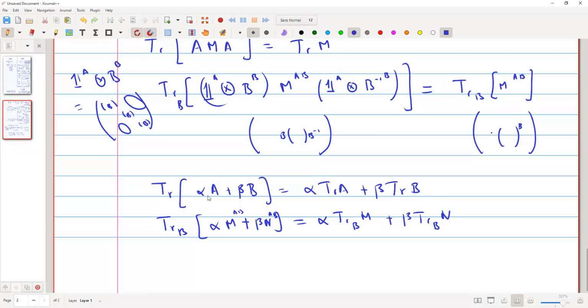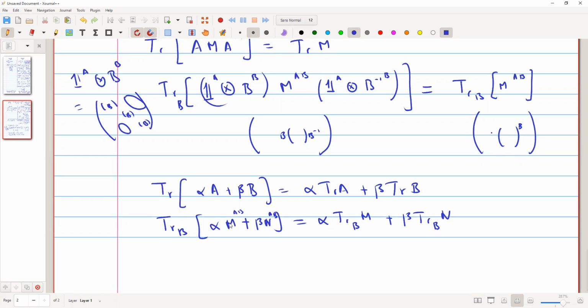So the usual trace was mapping matrices to complex numbers. So complex numbers are one by one matrices in this picture. The partial trace is mapping matrices on AB to matrices on A. Okay, so again, the full trace was when A is a one-dimensional system and B is the full system. Okay.